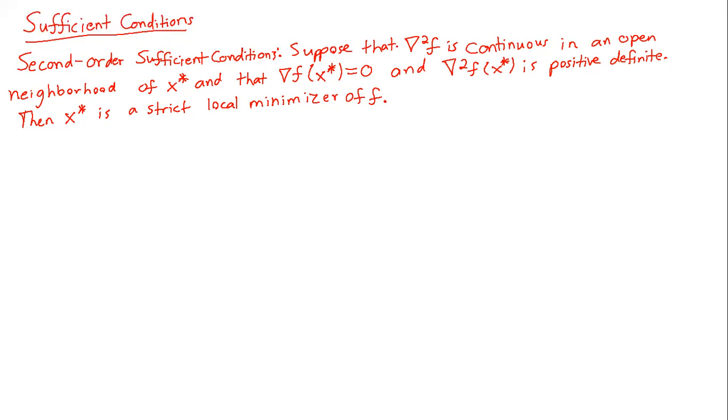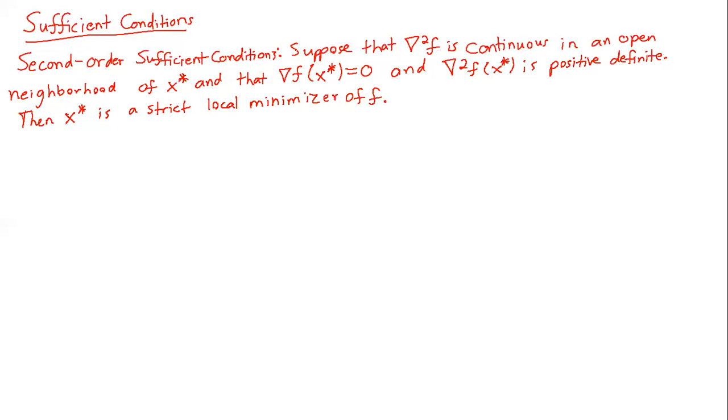So what this says is, say you already know the properties of f, and you find some point where del f of x star is 0 and del squared f of x star is positive definite, when you have a function that has a continuous Hessian. So all its second derivatives are continuous. Then x star is a local minimizer of f.